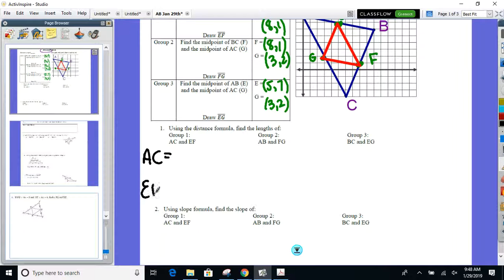And you should notice a little relationship between the two if you've done it correctly.